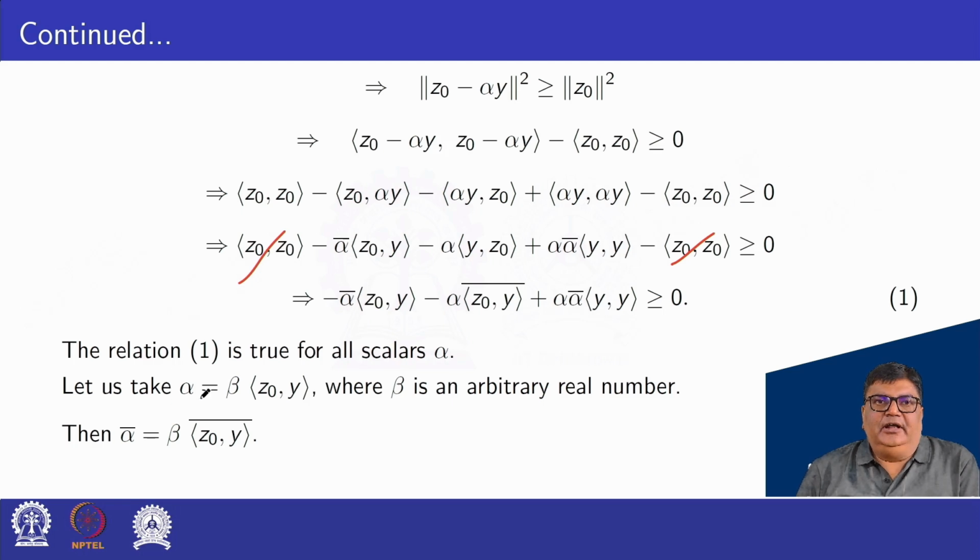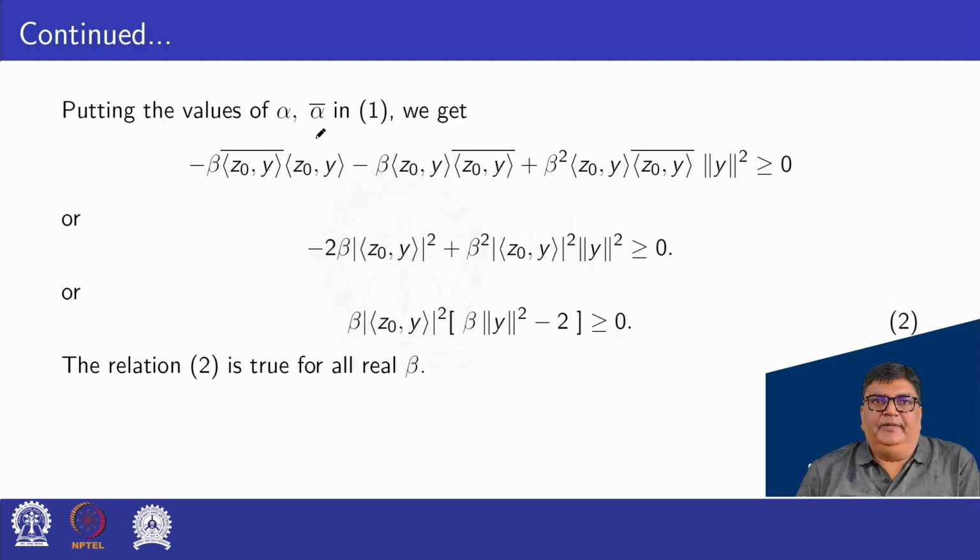Let us take alpha equal to beta into the inner product of z0, y, where beta is an arbitrary real number. Then beta bar is equal to beta, that is real. So alpha bar is equal to beta into the complex conjugate of the inner product of z0, y.